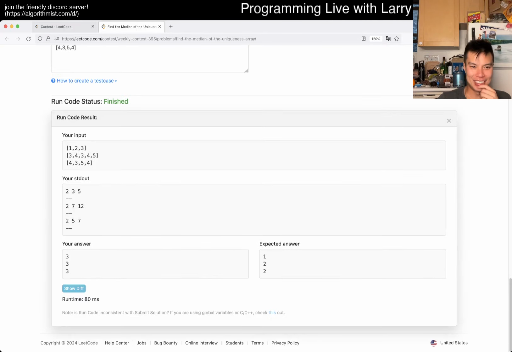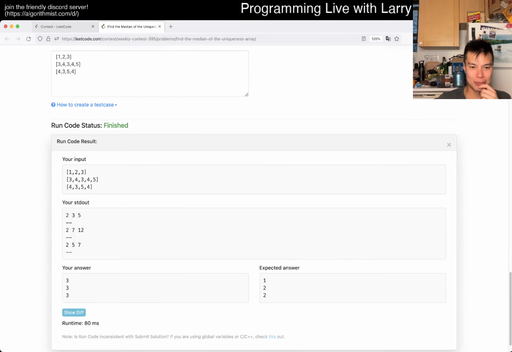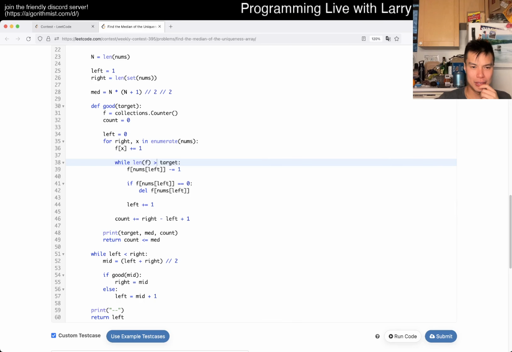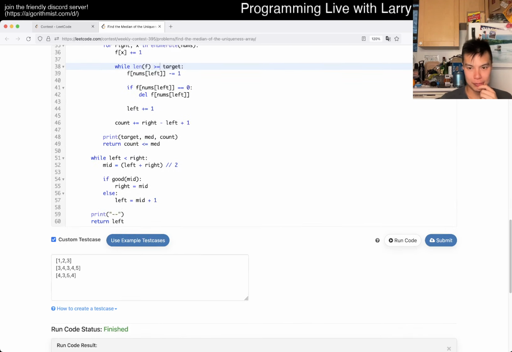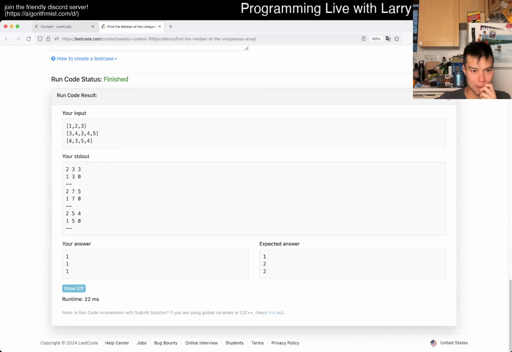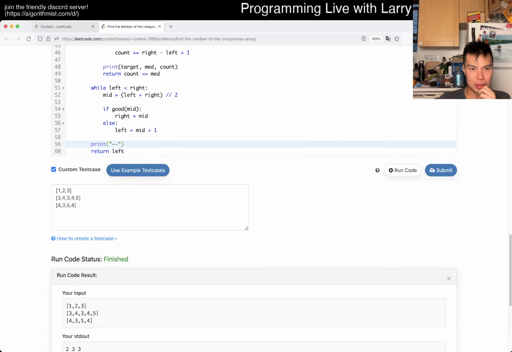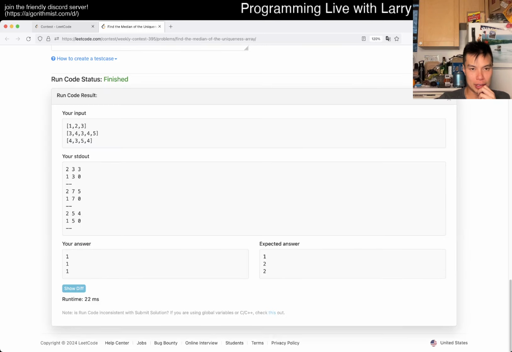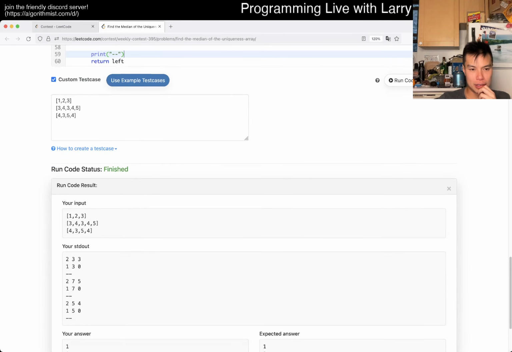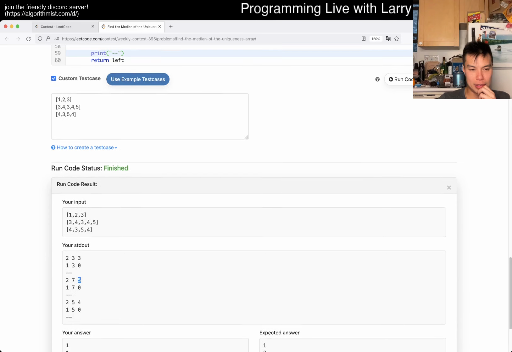2, 3, and 5. What? I mean, this gives me the number of things that is. No, for T it returns 5.